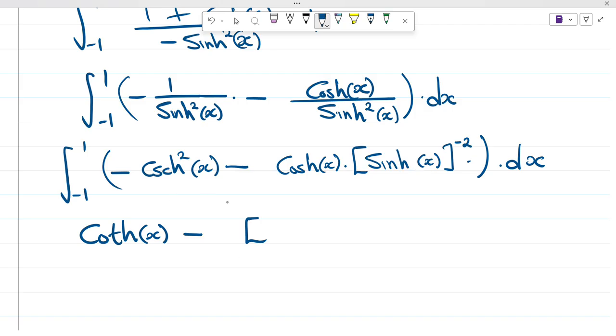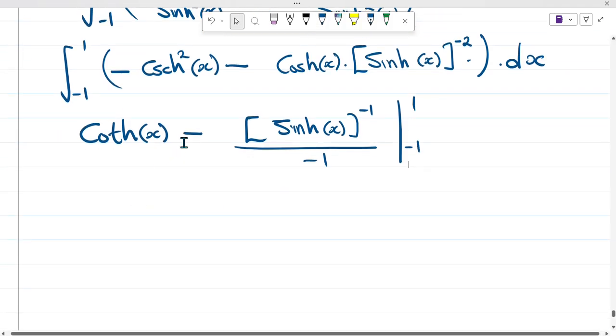which is this one. So this is going to be hyperbolic sine of x to the power -2 plus 1, that's a -1, divided by what? A -1. Then I put my limits, 1 and -1. So at the end of the day, this negative and negative will cancel out, and then we'll have 1 over hyperbolic sine, right?